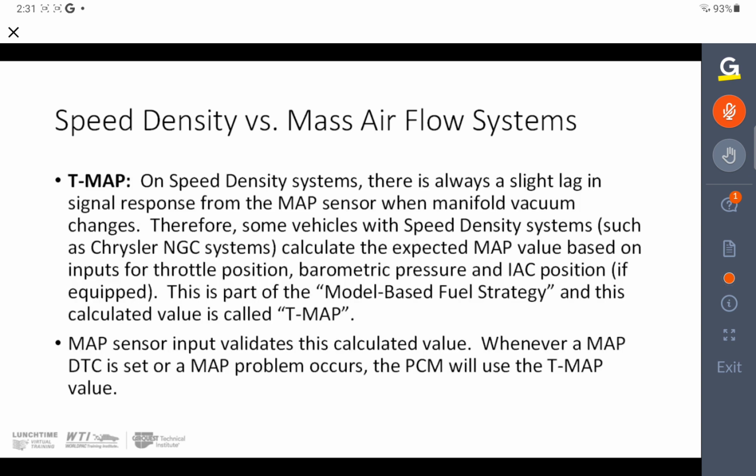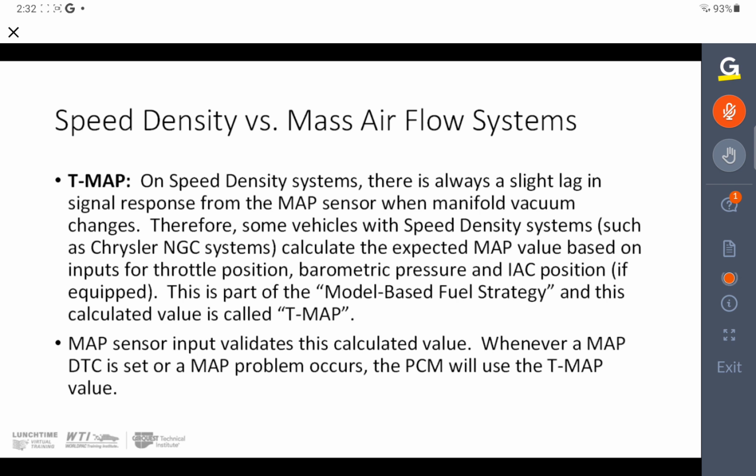TMAP on speed density systems, again, MAP sensor systems. MAP sensors work a little bit slower as far as responding to changes in vacuum. So vehicles with speed density will calculate MAP based on inputs from throttle position, barometric pressure, and idle air control if it has it.